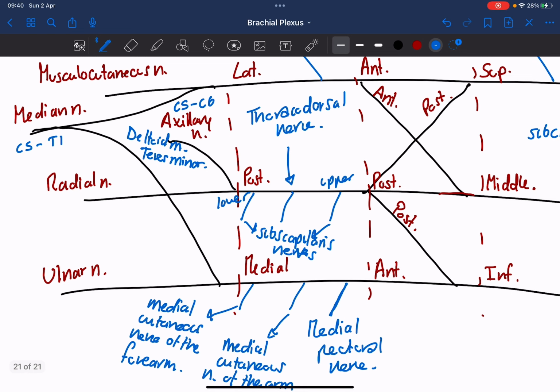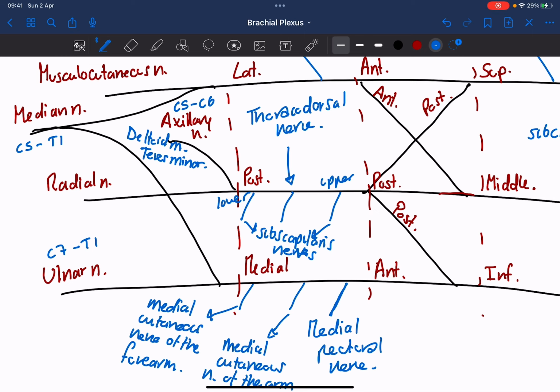And then finally, the ulnar nerve. The ulnar nerve comes from C7 to T1. Okay, so those are the nerve roots that make up the ulnar nerve. The ulnar nerve is also important to supply certain muscles in the forearm, like the flexor carpi ulnaris, for instance.